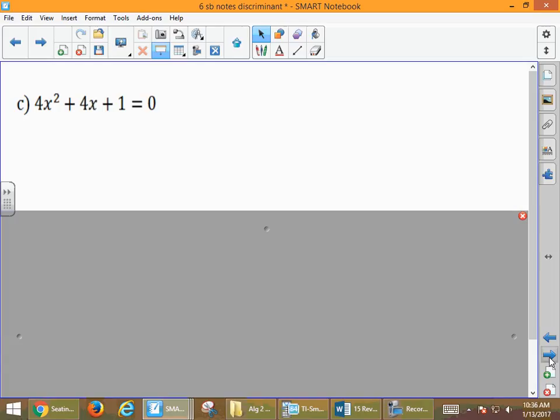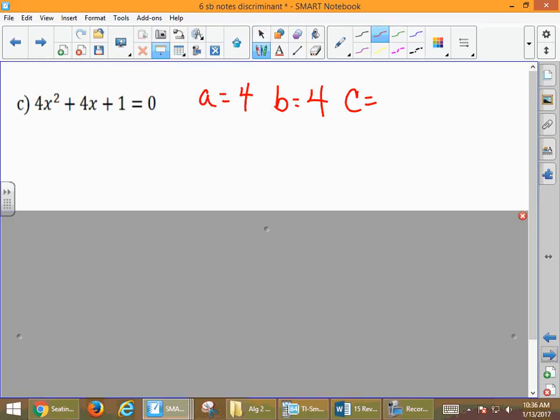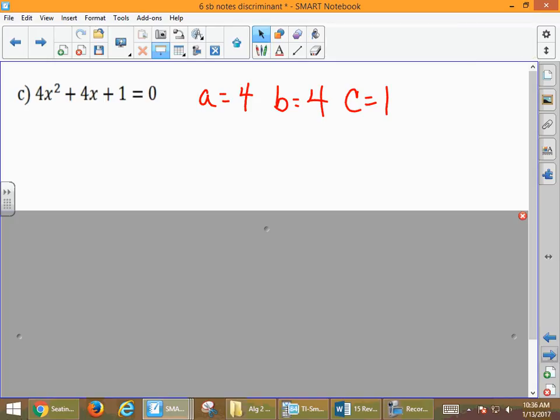Letter C. Discriminant of 4x squared plus 4x plus 1. Nice, once again, that the equation is set equal to 0. If it's not set equal to 0, we need to make it set equal to 0. But A is 4, B is 4, and C is 1. We're going to put those values back into b squared minus 4ac.